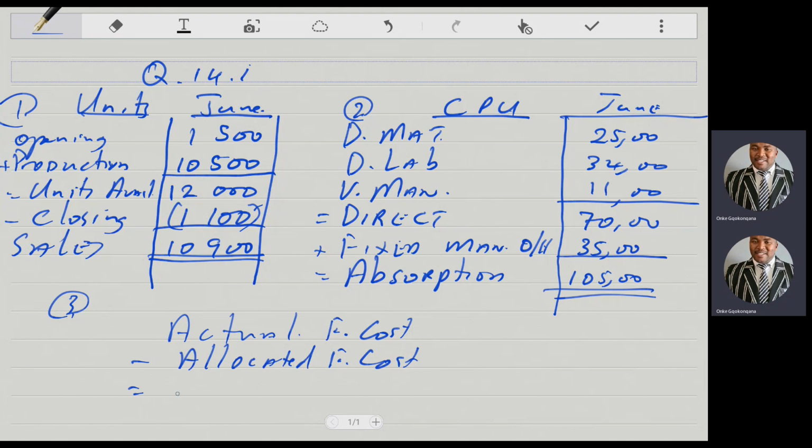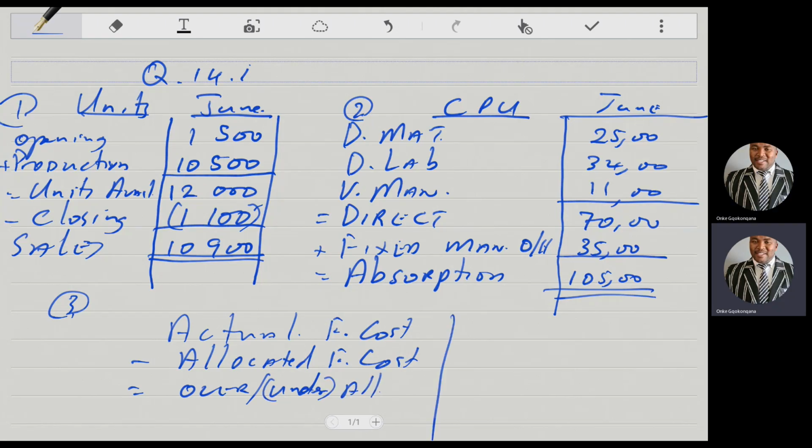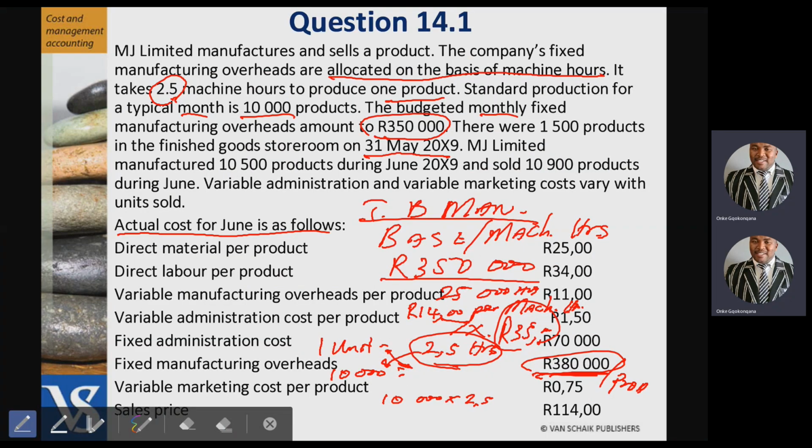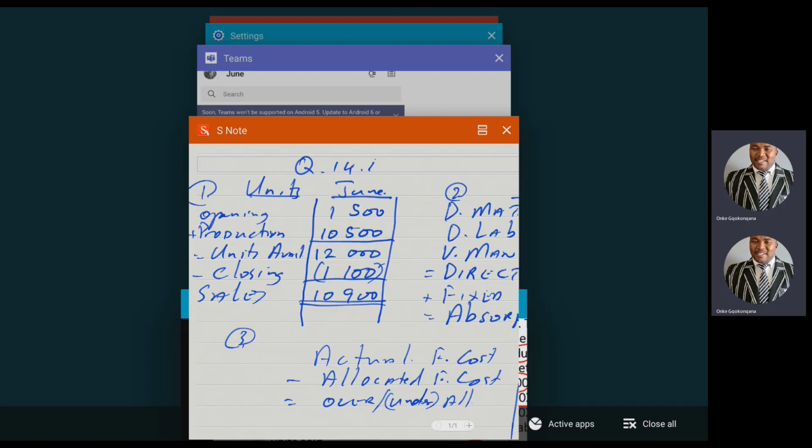And we know that the answer is going to be either over or under allocation. The actual fixed cost, given in the textbook, is 380,000. It's given there. So we take the 380,000 as given for us.